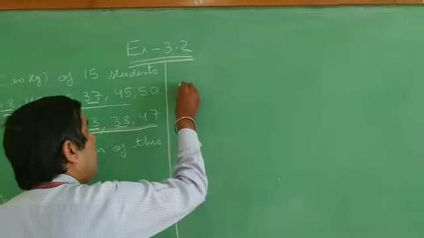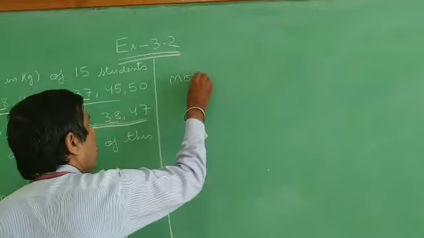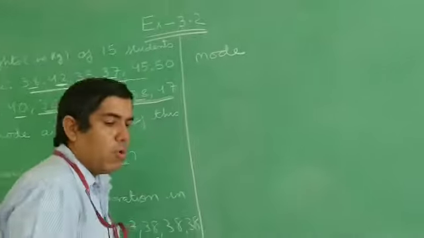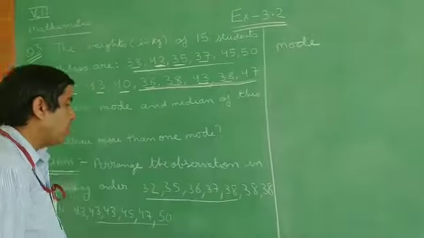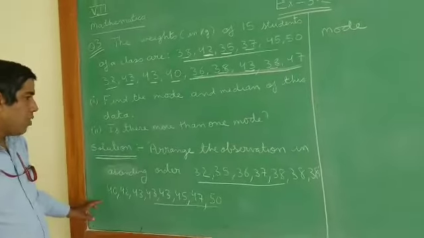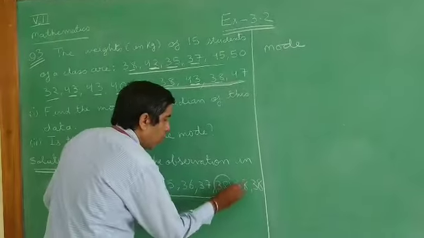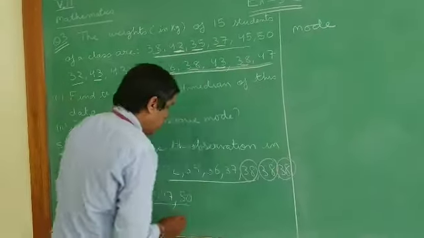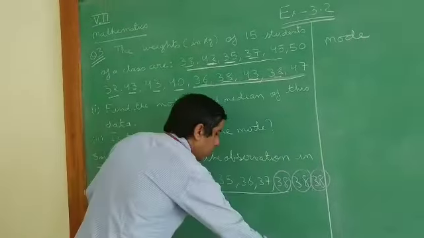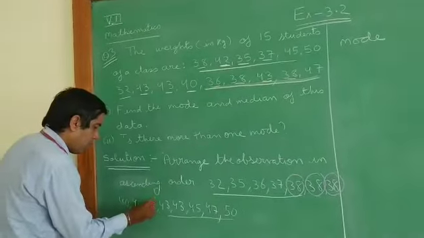Right. Now we will go for the next step. Now I am finding the mode. We know mode is the observation which is repeating the maximum number of times. So you can see here 38 came how many times? 1, 2, 3. And the other number coming more times is 43.